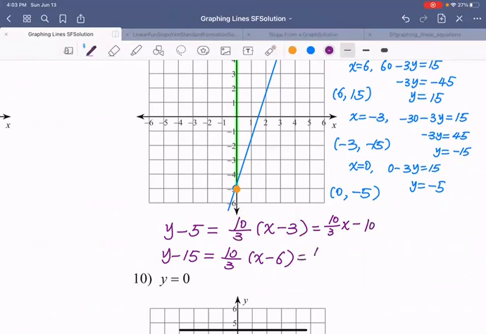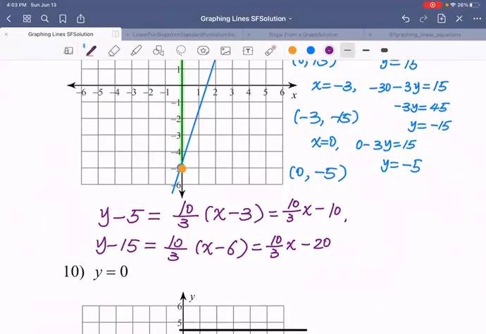How about here? 10/3 x minus 10/3 times 6, that is 20. Correct? Yes. Look here. You can add 5 to the other side. Does this become y equals 10/3 x minus 10 plus 5? Correct? For the second one, you can add 15 to the other side.